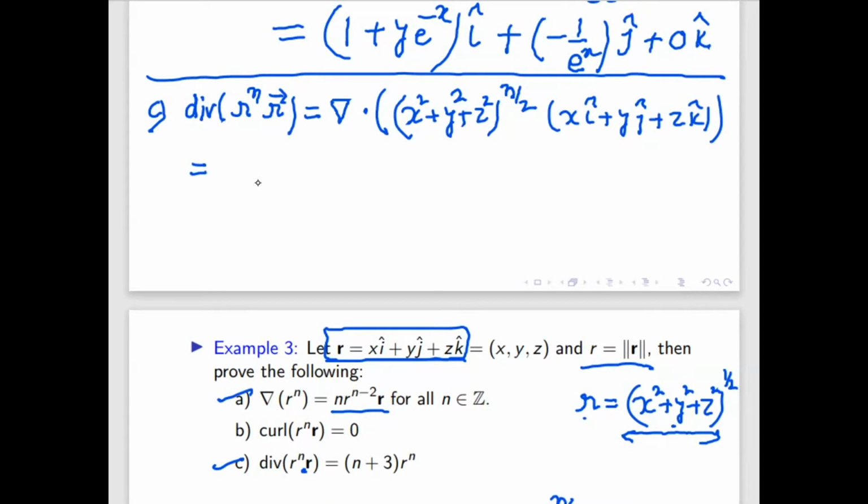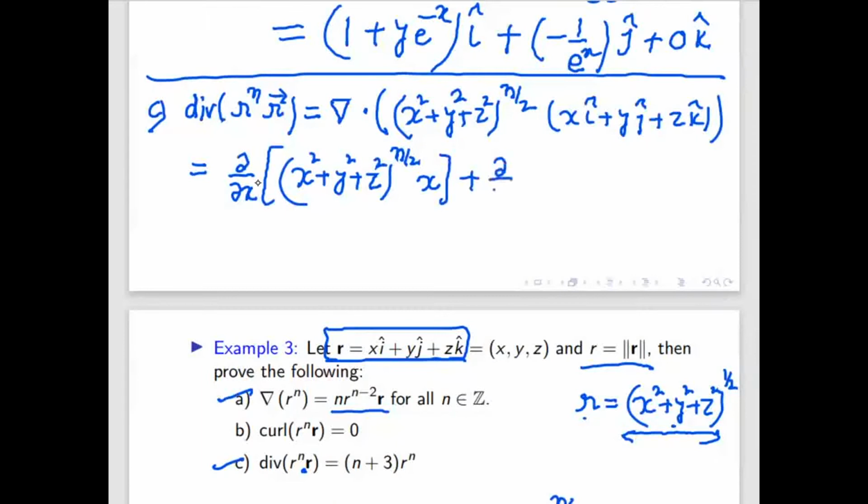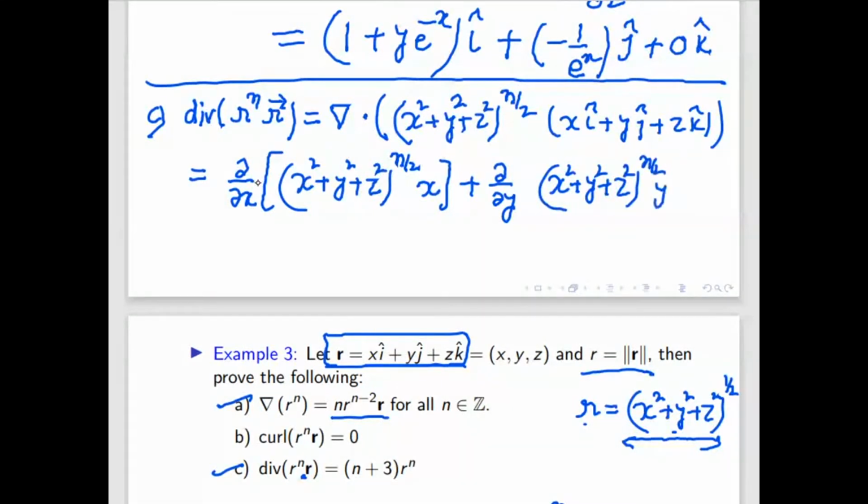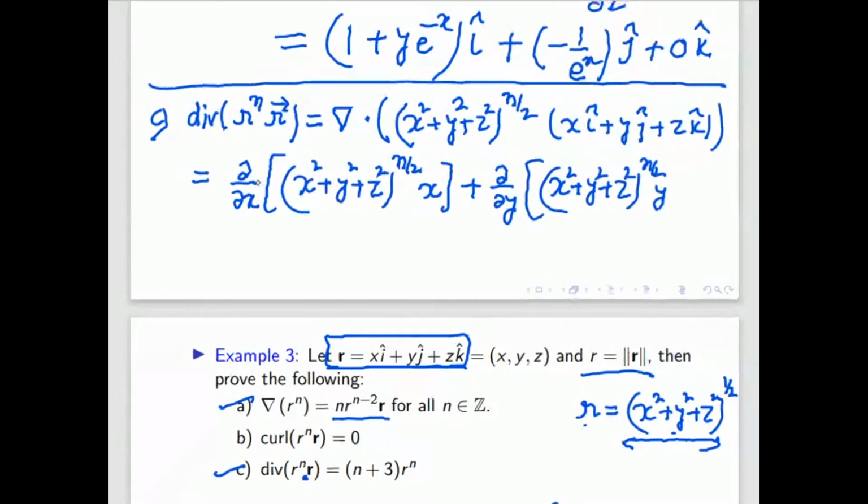That means del by del x of this quantity, del by del y of this quantity, into x plus into y, this partial derivative with respect to y, and then partial derivative with respect to z.